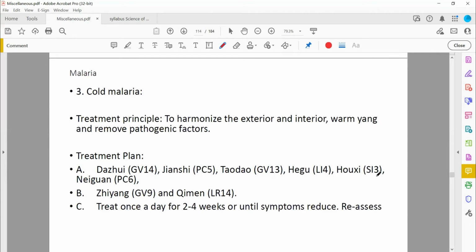Then for this disease use Zhiyang, GB9, and Qimen, LR14. Zhiyang, we can translate it as extreme yang, so that's good for the yang. So we can needle this one.